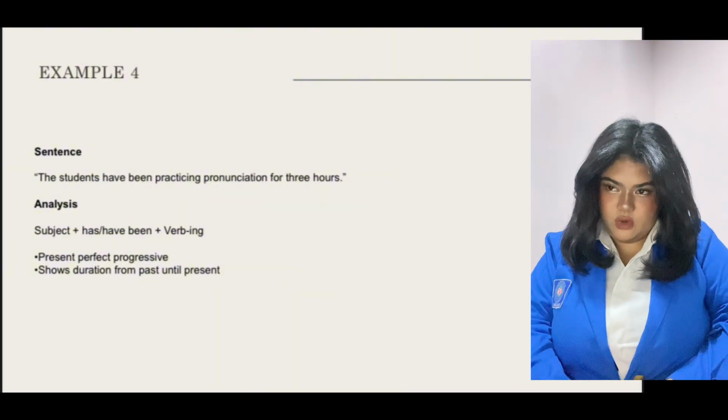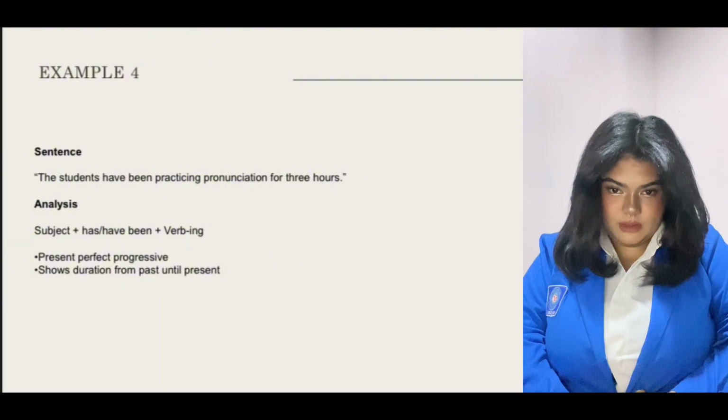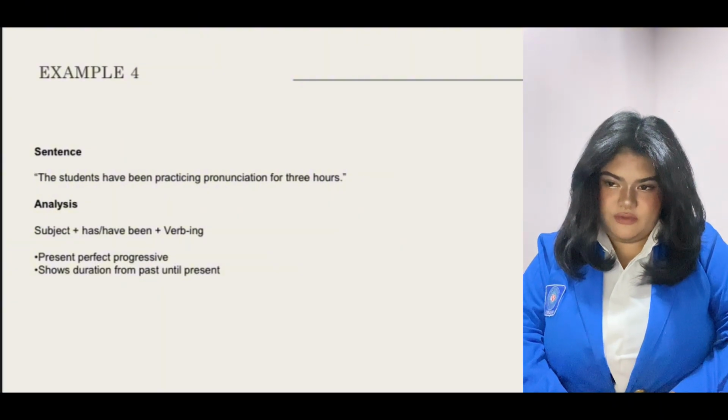For example 4: the students have been practicing pronunciation for 3 hours. Analysis: subject plus has or have been plus verb-ing, present perfect progressive, and shows duration from past until present.